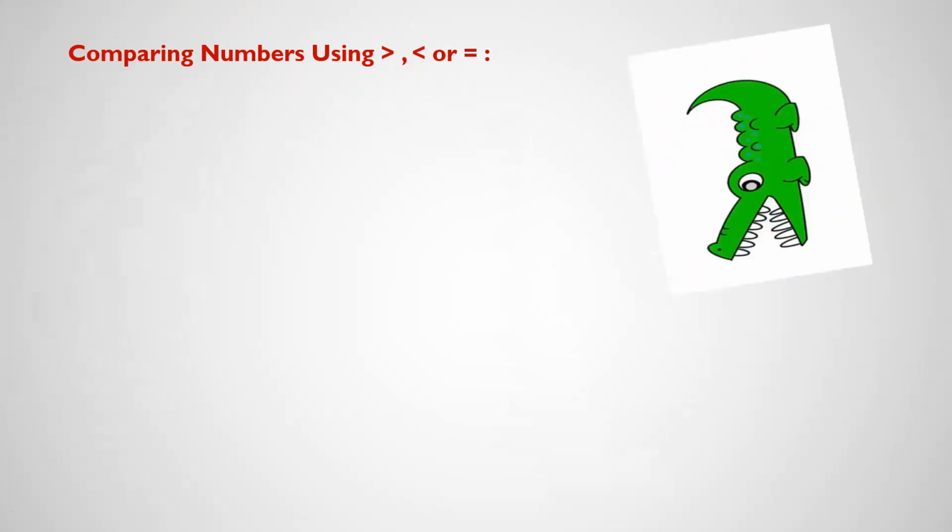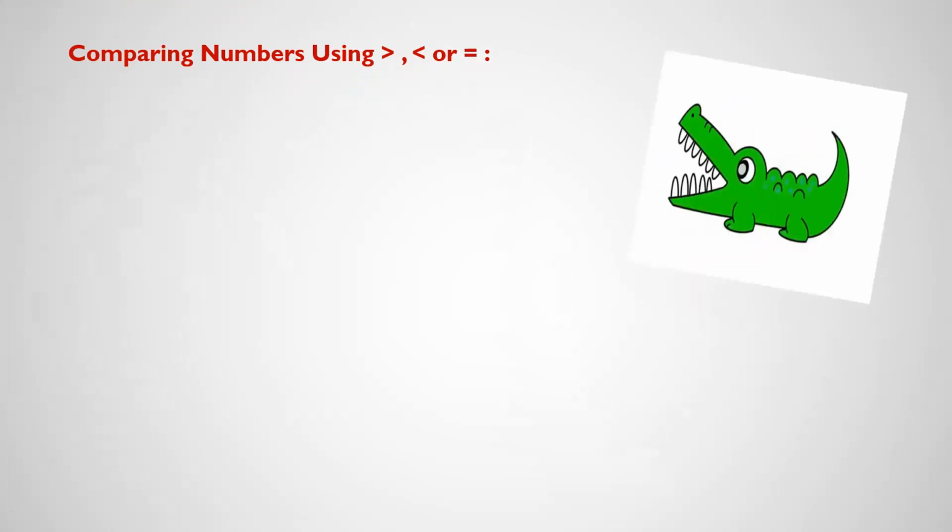Okay. We can write these words with signs. What are the signs? Can you remember the mouth of the alligator? Yes, this is a hungry alligator. It will eat the big number. So if he sees a big number, he will go to it and open its mouth like that to eat it.